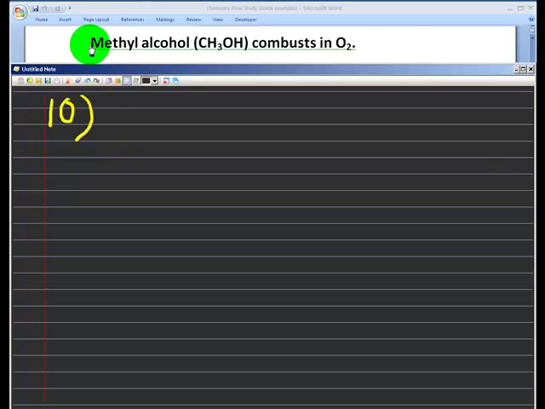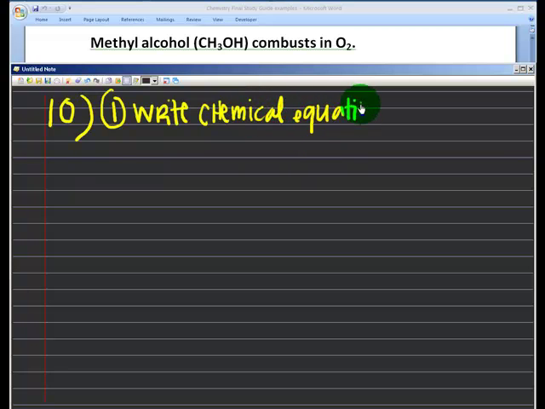So we're going to first write the chemical equation. And step 2, we're going to balance the chemical reaction or equation.